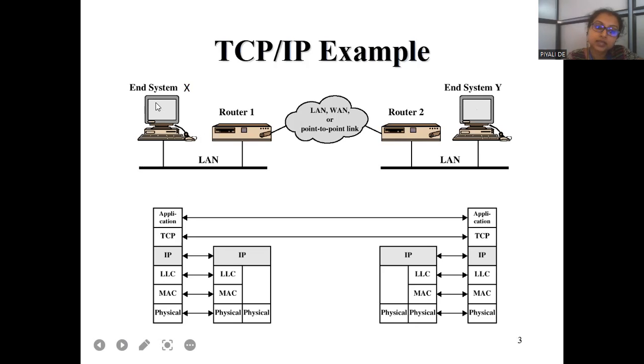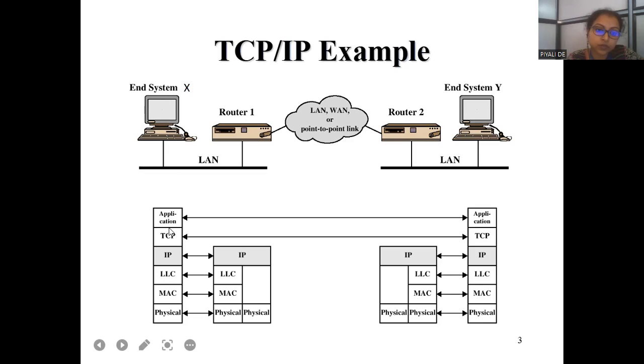Host X sends an IP packet through its router, and that packet travels through different LANs and WANs and is ultimately received by the router of host Y. Okay, and router 2 delivers the packet to host Y.